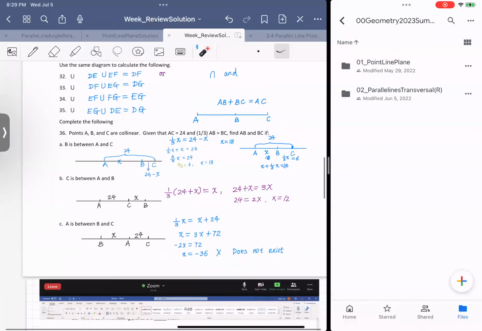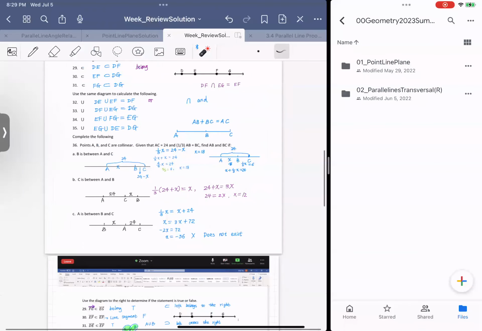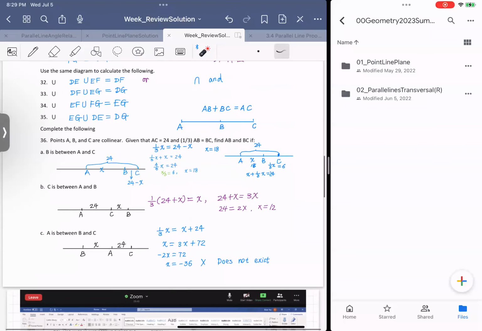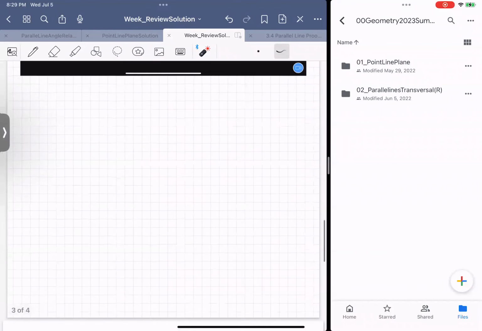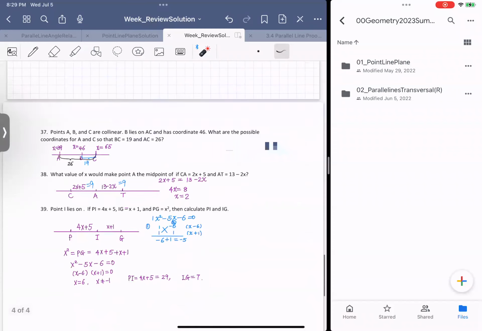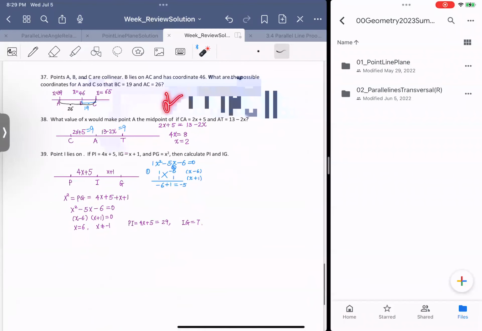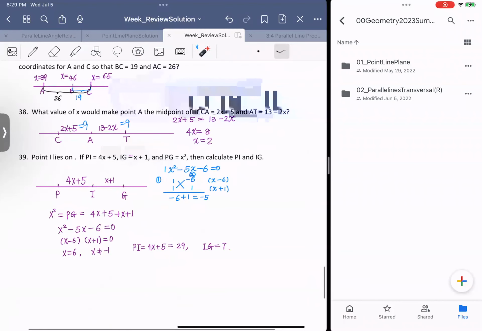See this one, 36, they have 3 different scenarios and you solve each of them and you say, oh, B is possible, C is possible. A is possible, B is possible, C is not possible. And then when you keep going down, I have one example here. This one, you don't have 3 scenarios.